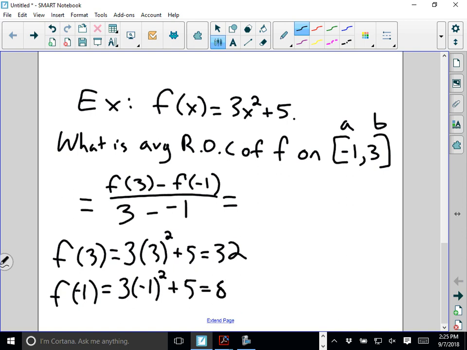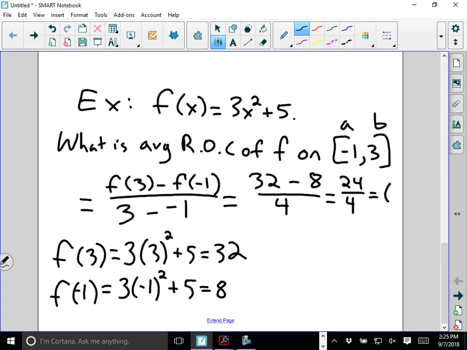So, solving out the rest of our equation up here, we know we can put in 32 for f of 3 minus 8 for f of -1 over 3 plus 1 is 4. So we end up with 32 minus 8 is 24. 24 divided by 4 is 6.